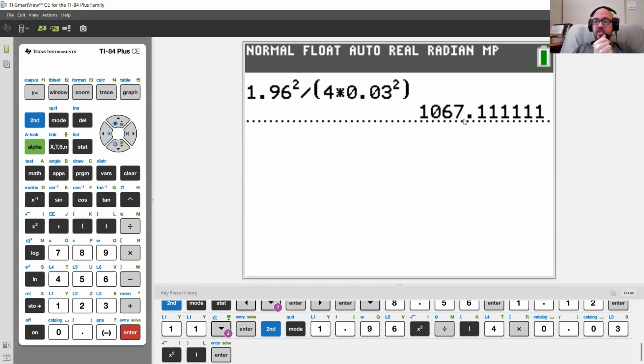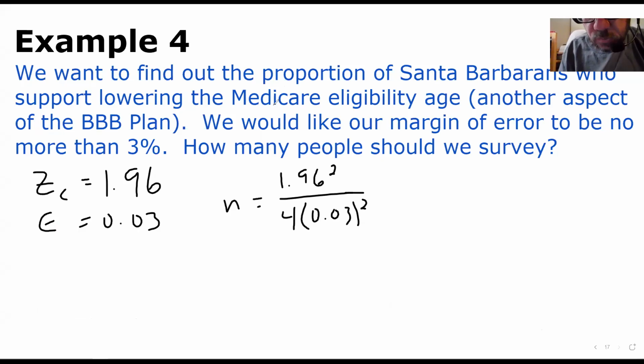So we actually have to survey 1,068 people, right? Even though this 0.1 of a person wouldn't normally round up to 1,068. 1,067 people gets us a margin of error that's very slightly larger than 3%, because we need to survey 1,067.1 people. Well, we can't survey the 0.1, so we have to just tack on another person to account for that. So we have to do 1,068 people.